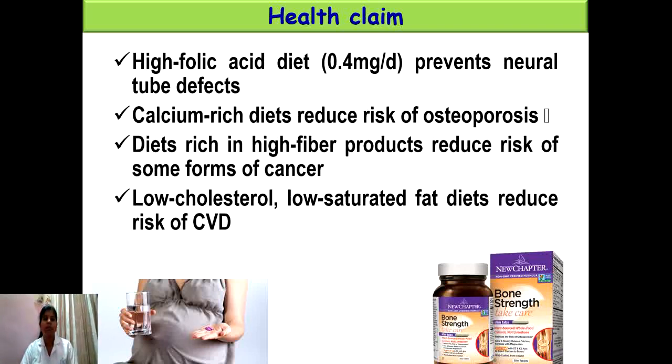Health claim, the examples we can say: a high folic acid diet, that is 0.4 mg per day, prevents neural tube defects. Calcium rich diets reduce risk of osteoporosis, and diets rich in high fiber products reduce risk of some forms of cancer. Low cholesterol, low saturated fat diets reduce risk of CVD.